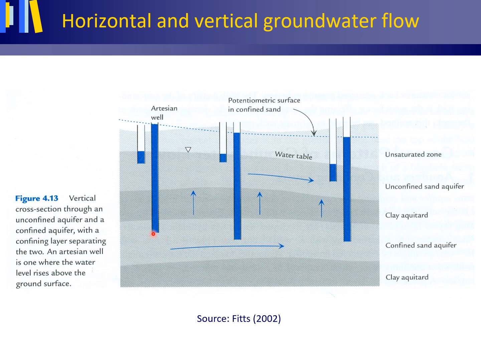The water level in this piezometer tube rises above the ground surface, so this is an artesian well. Also in the upper sand aquifer, groundwater flow is from left to right, as is evident from the water levels in these piezometer tubes. In the clay aquitard, we have upward seepage, as can be concluded from the water levels in these piezometer tubes.